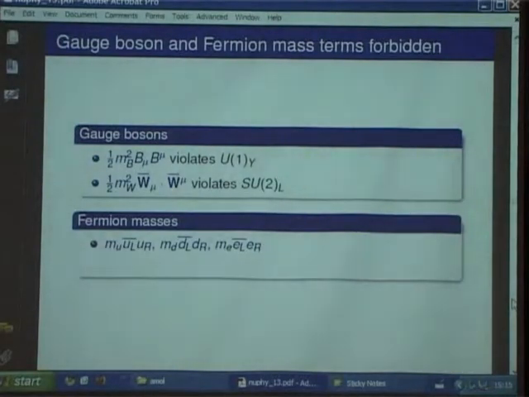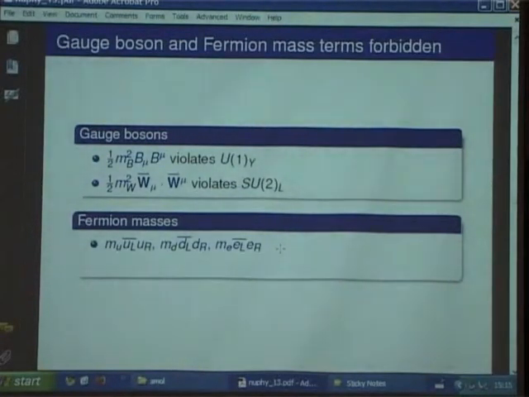What about fermion masses? You may have a term. I said, why don't you write a term which is e_L bar times e_R? Will I be able to write this term down? Why not?